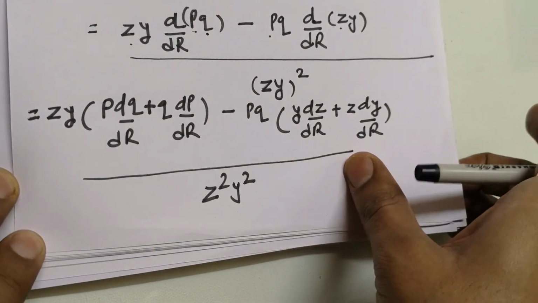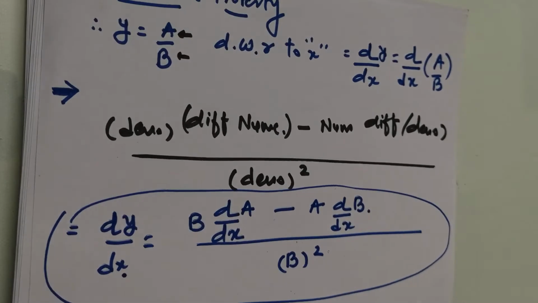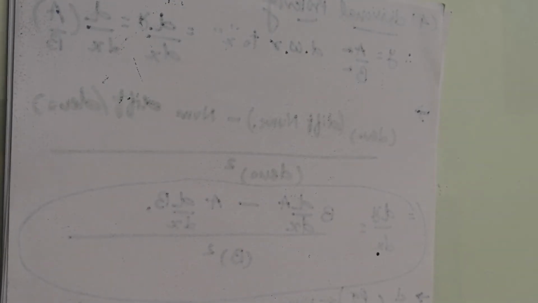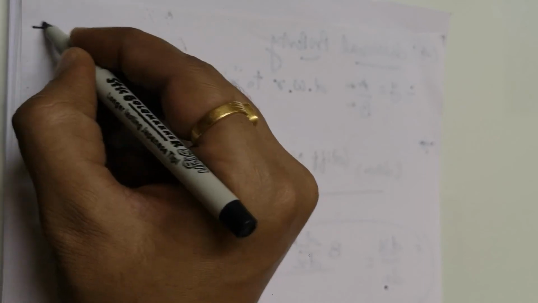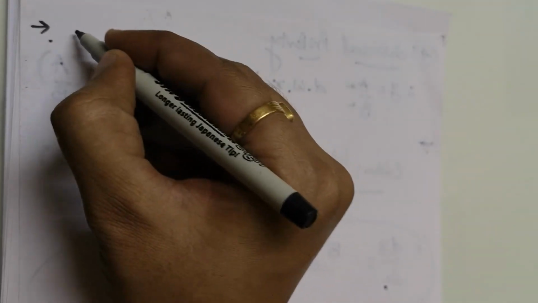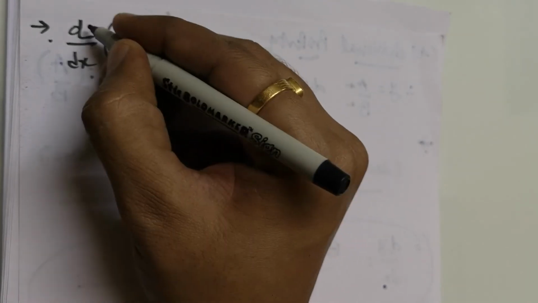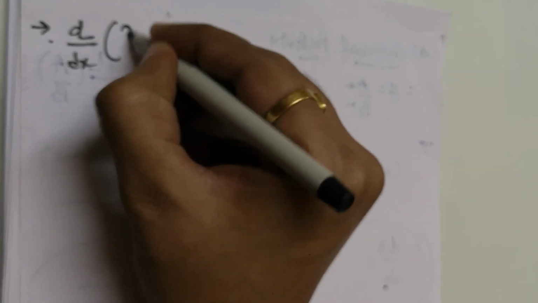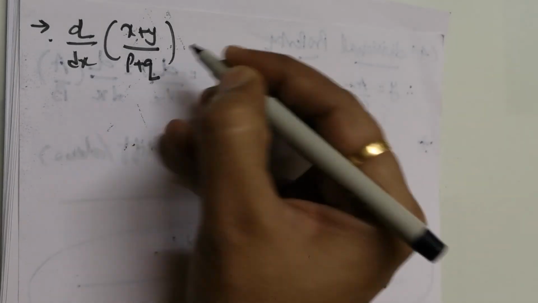For our understanding, let's go for another good example. Let's solve this step by step. Sorry, the other example I am putting in front of you is like this one: d divided by dx, which means differentiation with respect to x, of x plus y upon p plus q.